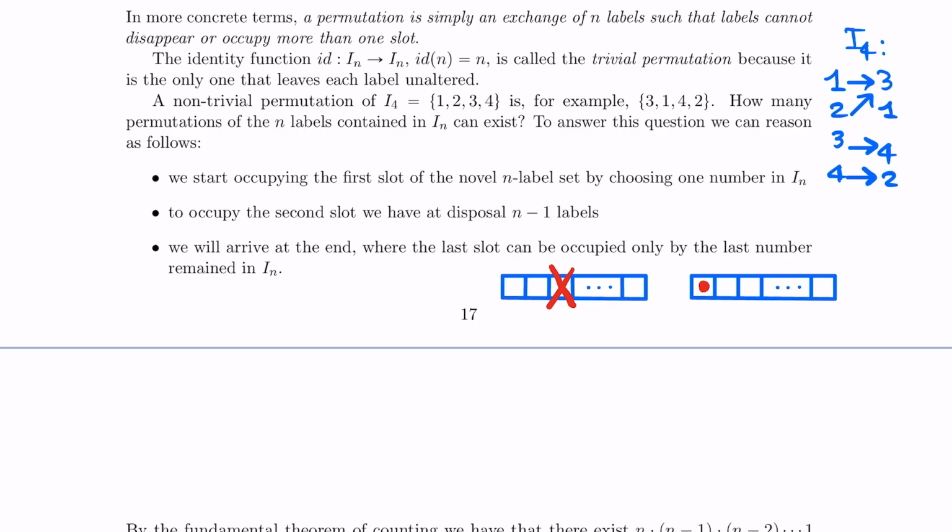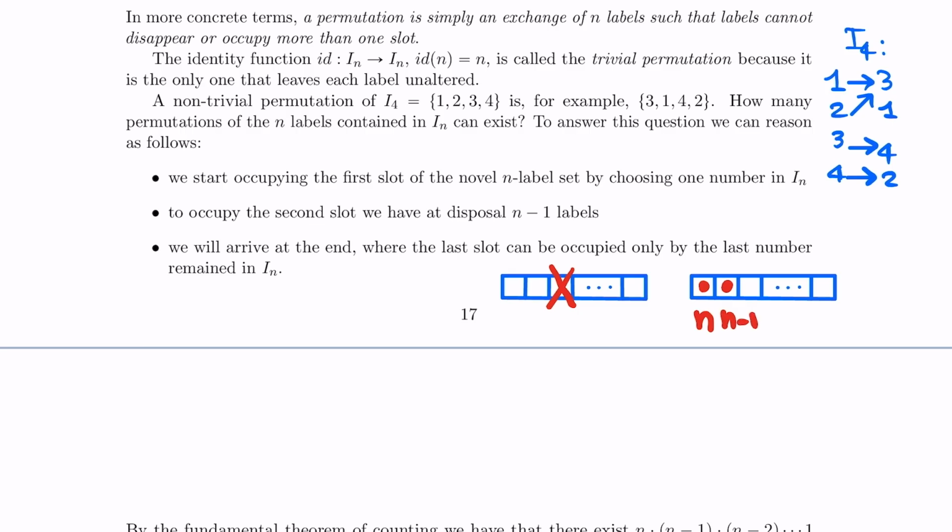Since there are n possible choices, we write n here. Now we occupy the second slot by selecting one label that remained available here. But since there are n-1 labels left, the second slot can be occupied with n-1 choices.